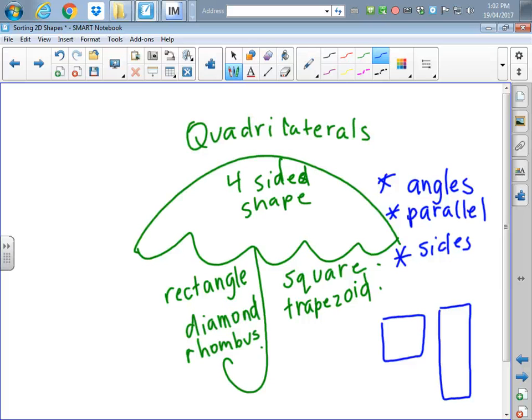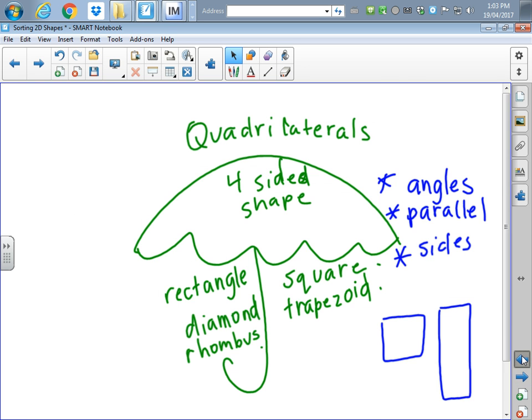What was the question again? Levi? That the rectangle's longer. Okay, so what are you noticing with the sides? That they're skinnier. Yeah, they're different lengths, right? Okay.